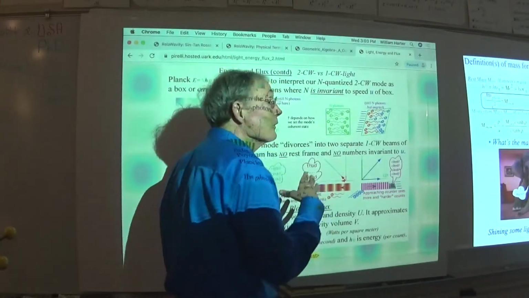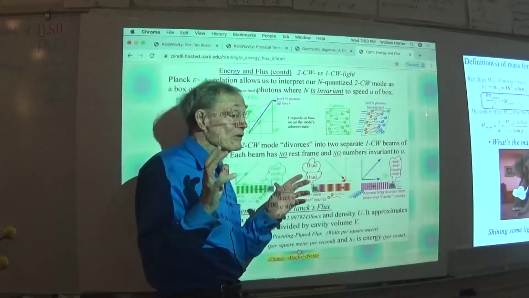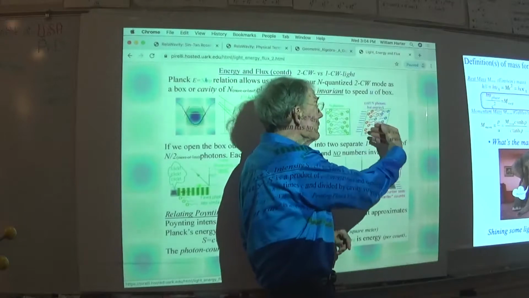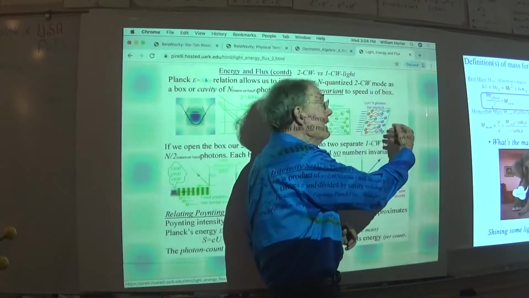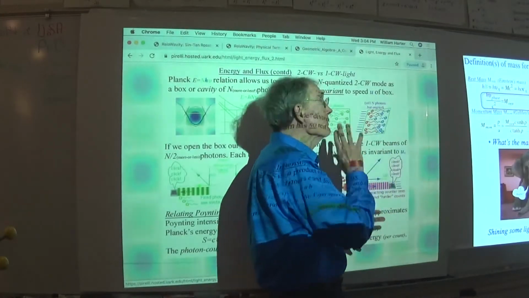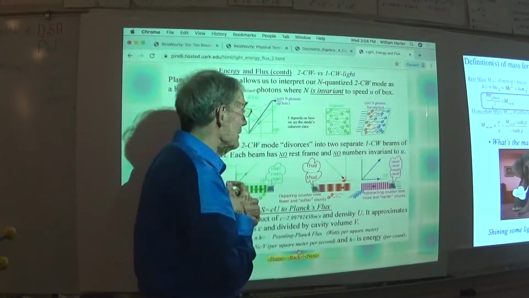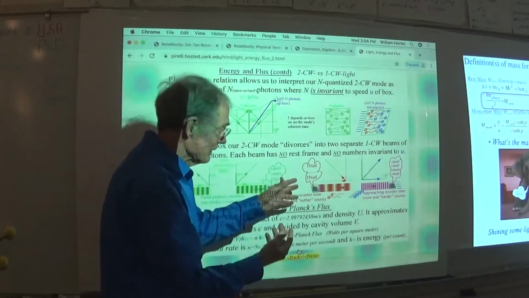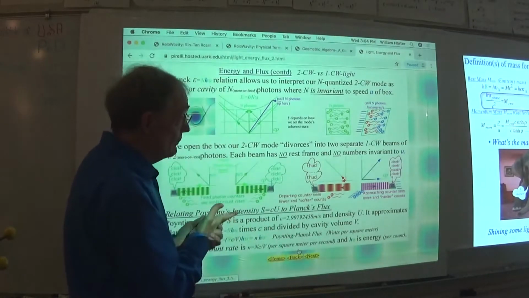No matter how fast you go, the number doesn't change. This Planck number doesn't change, but they get angrier. The ones that are blue shifting into you, and the redshift ones are not quite as angry.